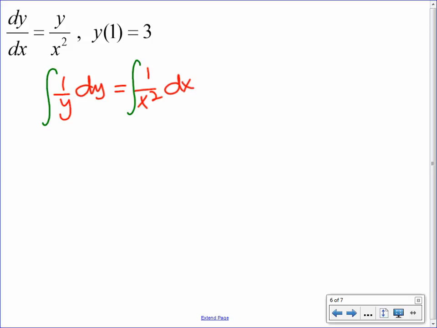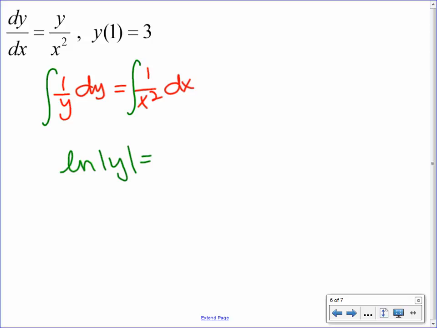1 over y dy becomes the natural log of y, and on the right, 1 over x squared. What's the exponent? Negative 2. This is x to the negative 2.